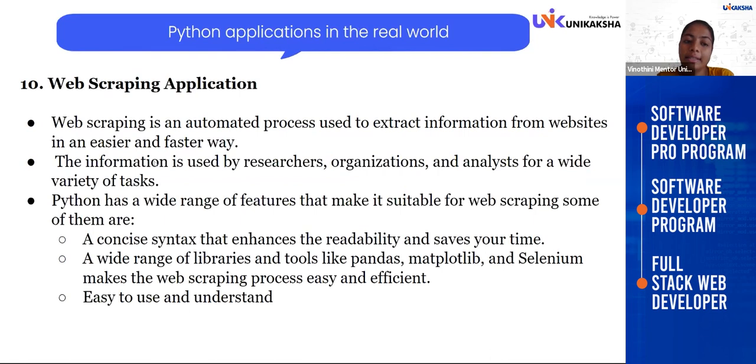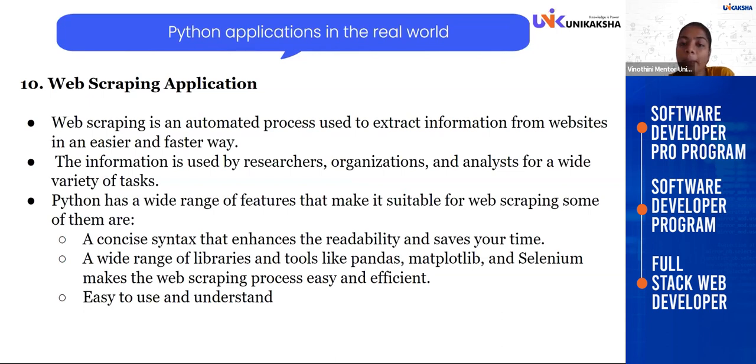Finally, this is the web scraping application. What is web scraping? The data of each and every website can be accessed. If you want to take data from any website, you can use Python for developing it, or you can use n number of operations.